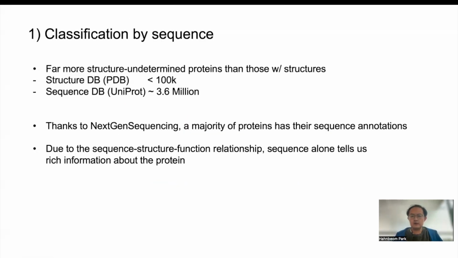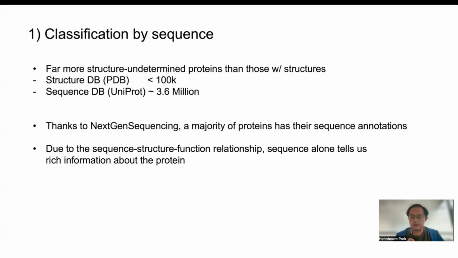First, let's learn how to classify using protein sequence. There are many benefits of using sequence rather than structure for classifying proteins. First off, there are far more sequences of proteins than their structures. If you count the number of entries in the database, the structural database only contains less than 100,000.